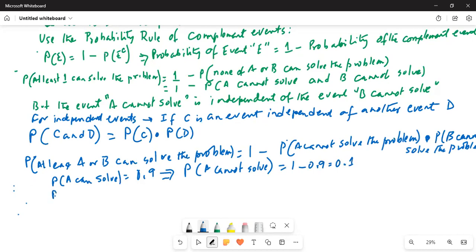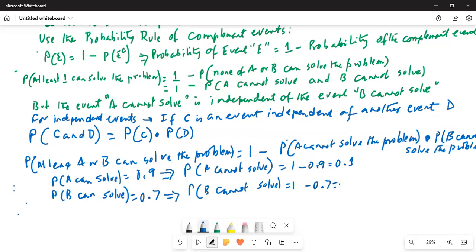And probability of B can solve is given to us as 0.7, which leads us to state that probability B cannot solve is 1 minus 0.7, which is 0.3.